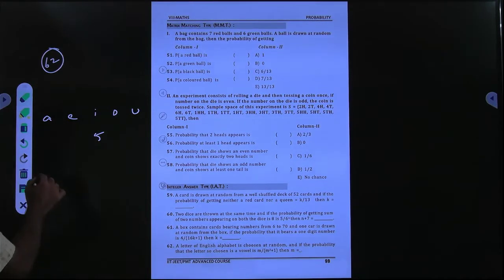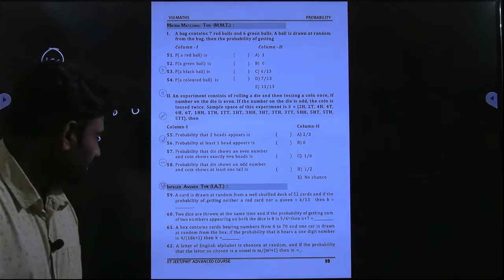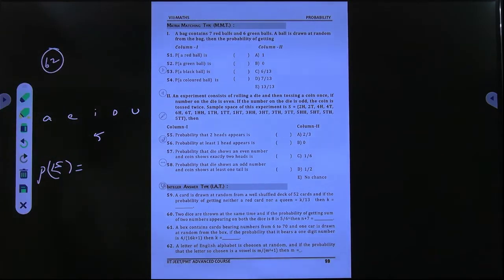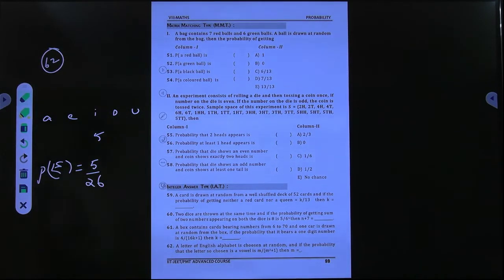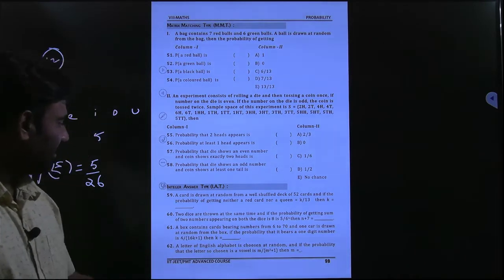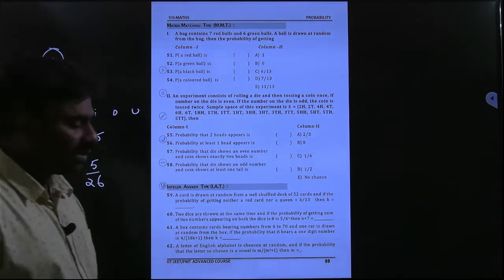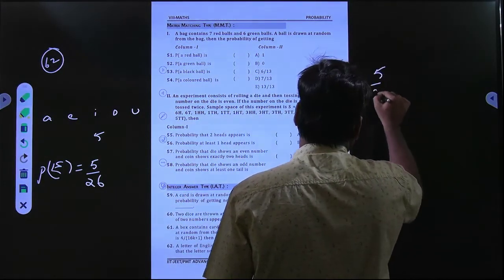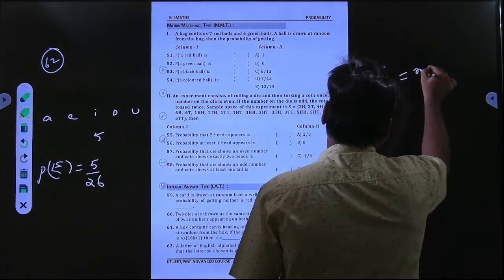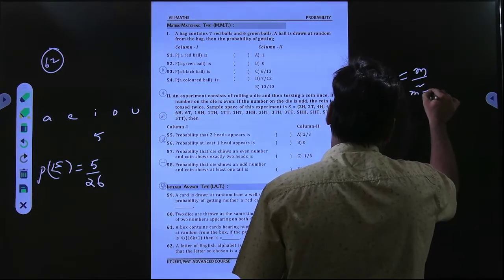Let P of E be the probability of the event. Number of favorable outcomes of the event is 5, by total number of outcomes 26. Therefore, the probability of the required event is 5 by 26, but that value is given as m by m square plus 1. So let us consider 5 by 26 is equal to m by m square plus 1.